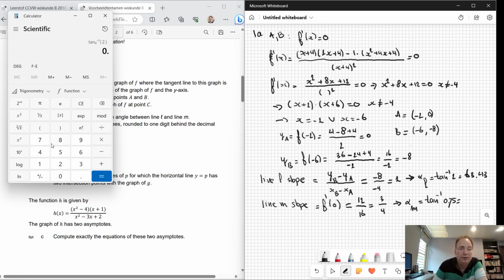And let's do the same for 0.75. That is 36.87.